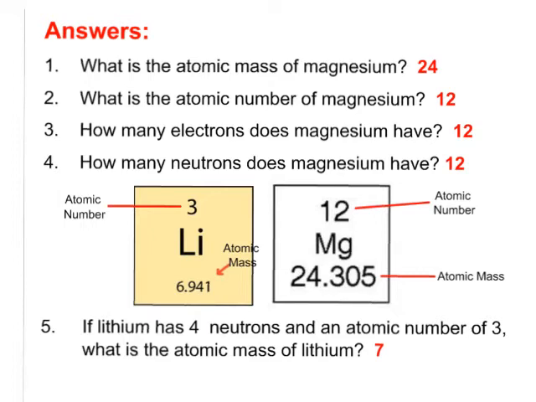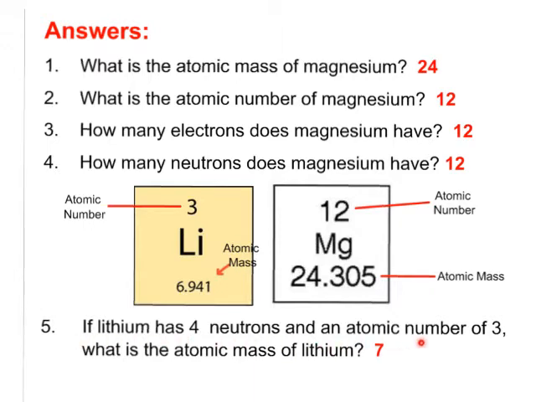And since we're talking about a neutral atom, it's going to have 12 electrons as well. How many neutrons does magnesium have? Well, it will be the mass, 24, minus the number of protons, 12. We get 12 atomic mass units that are unaccounted for. That would be the neutrons, so it has 12 neutrons.